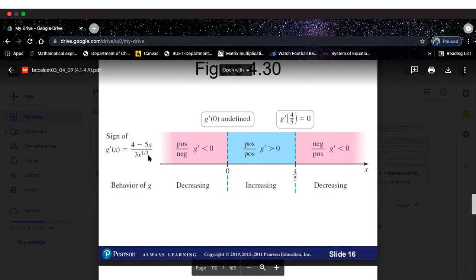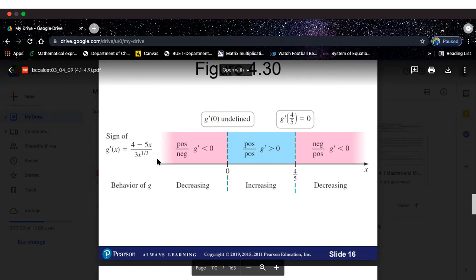That means where the function is not differentiable. If the denominator is 0 at some point, the function is not differentiable at those points. It may still be continuous. We never know.